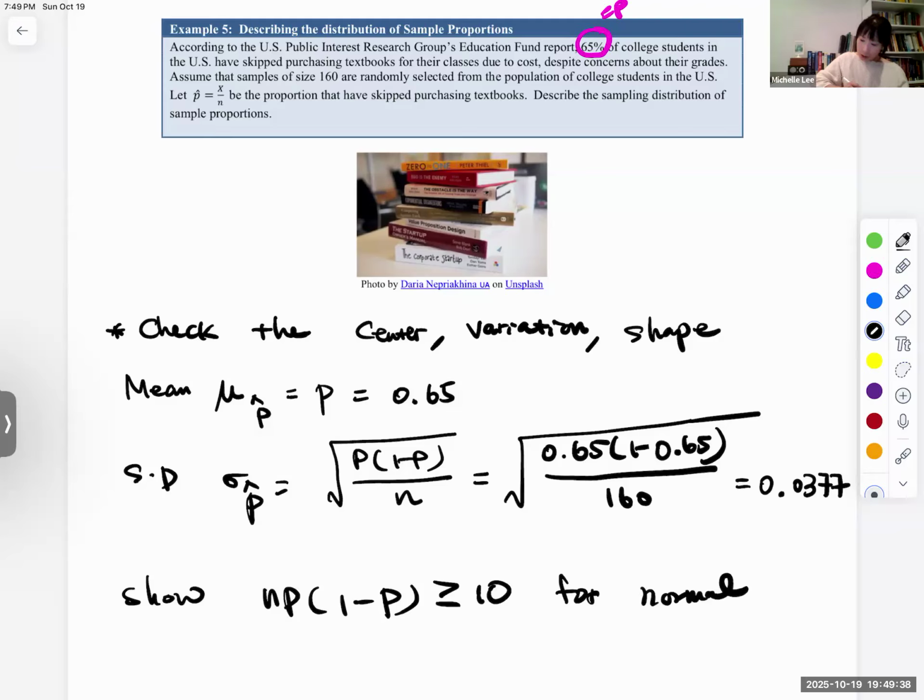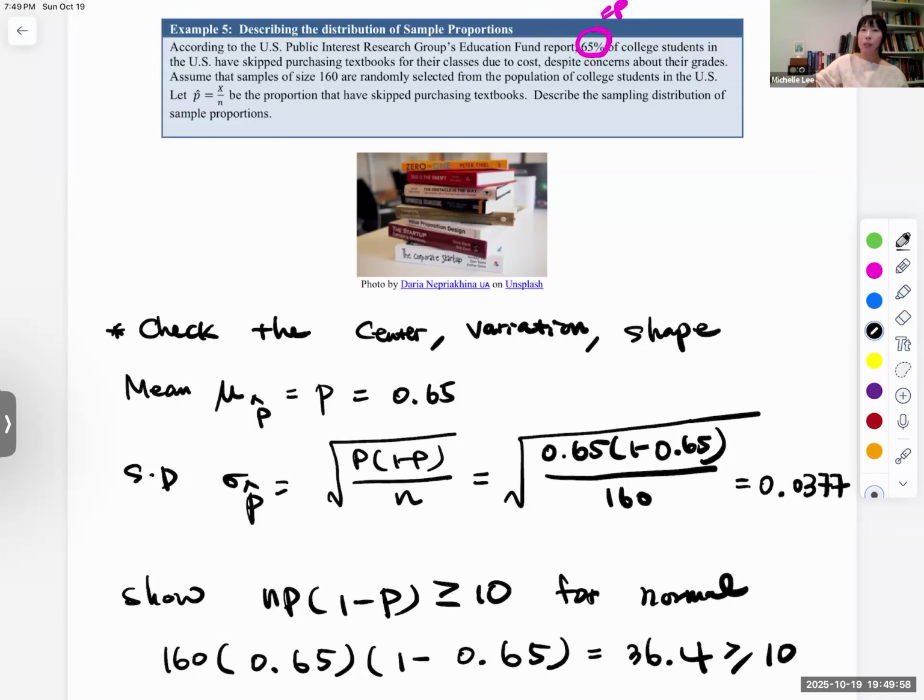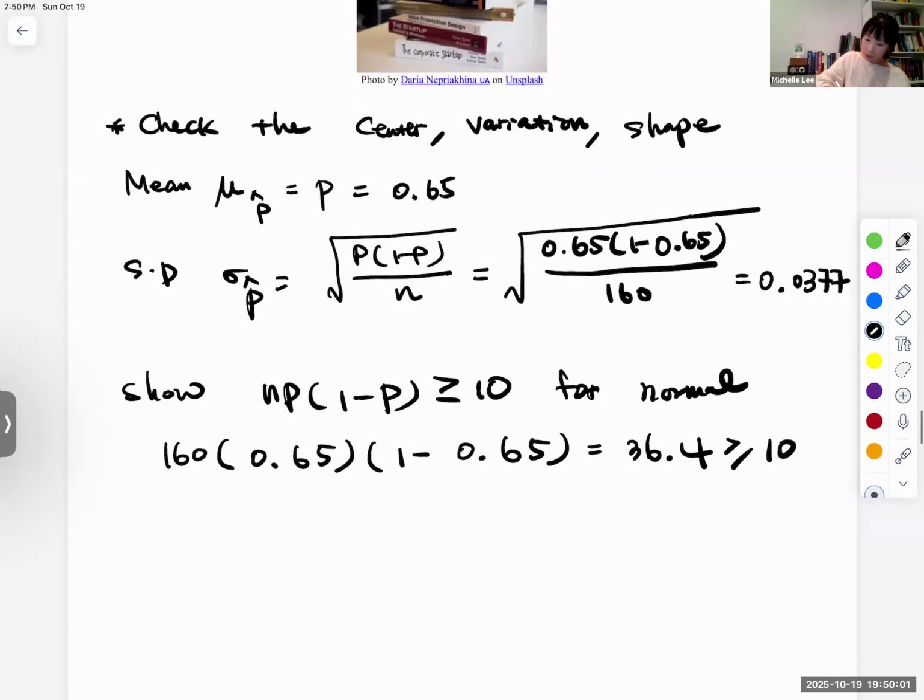So n equal to 160 times p, 0.65, times 1 minus p, which is 0.35. Can you calculate? 36.4. Yeah, it's greater than or equal to 10. It's a normal distribution, right? Very good.